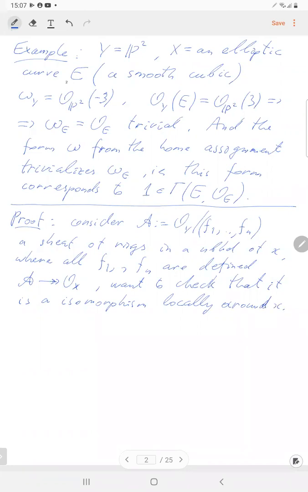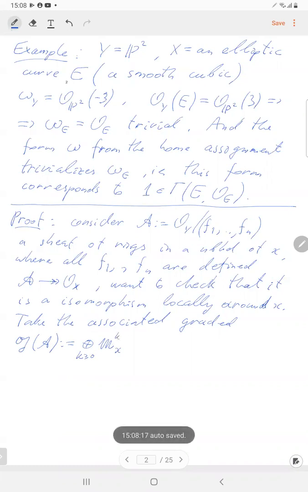Okay, and now consider the associated graded, G of A, just the sum over all positive integers of the maximal ideal of this local ring of x times A modulo the next power.